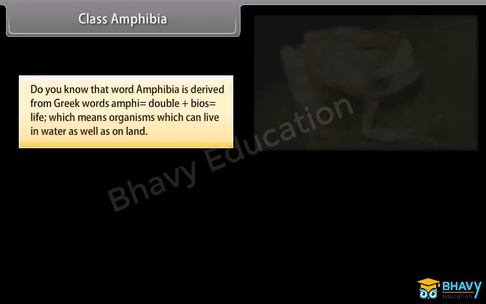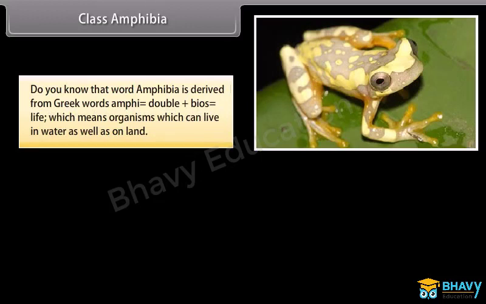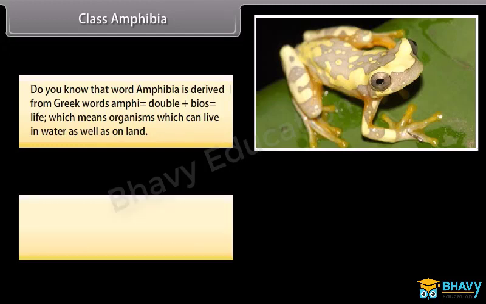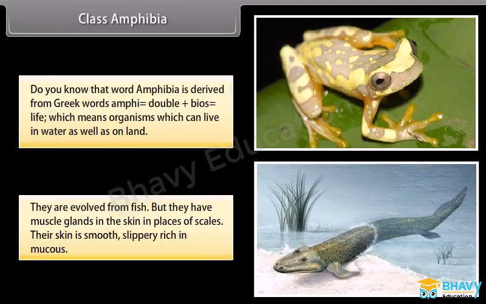Class Amphibia. Do you know that the word Amphibia is derived from Greek words amphi, which is double, plus bios, which is life, which means organisms which can live in water as well as on land. They evolved from fish, but they have mucous glands in the skin in place of scales. Their skin is smooth, slippery, rich in mucus.